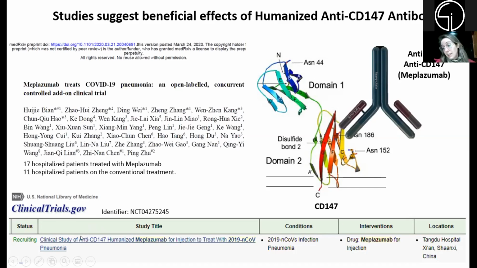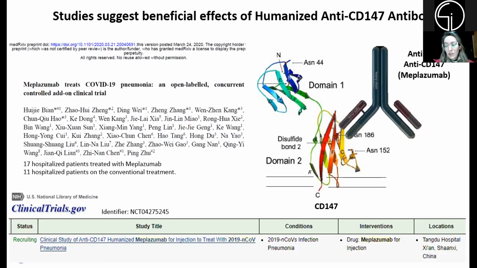This phase 2 clinical trial is ongoing in China, and meplazumab seems to facilitate viral clearance, return lymphocyte counts to normal levels, and decrease CRP.